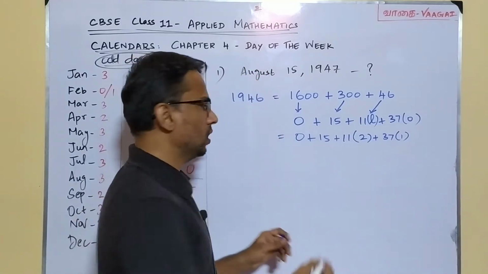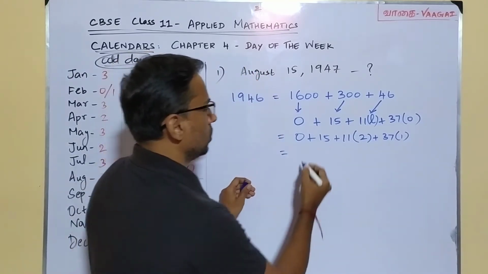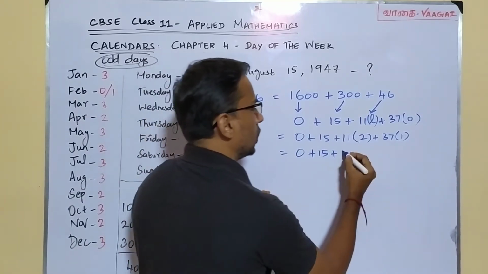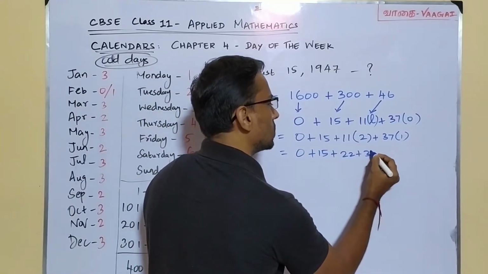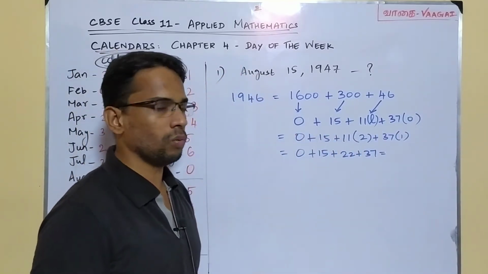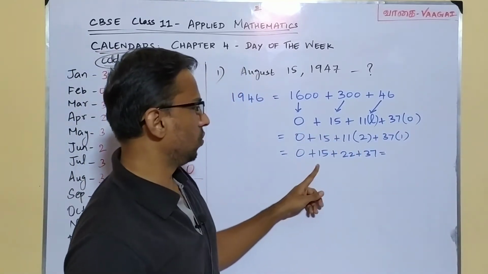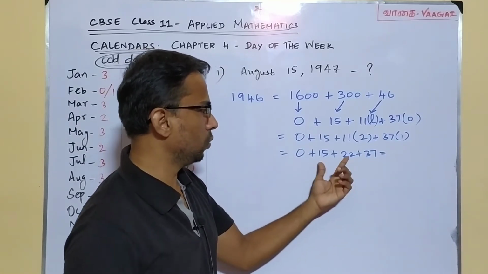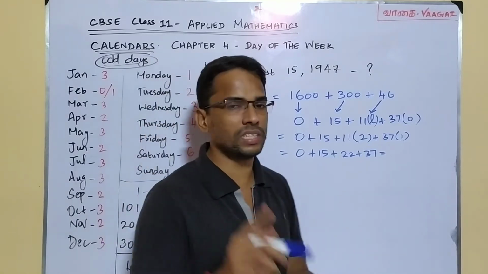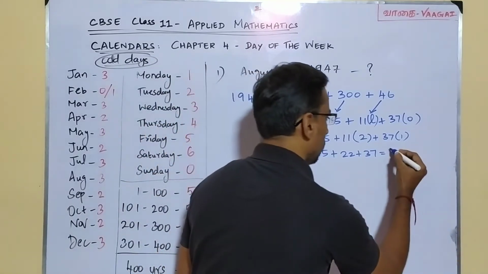This is equal to 0 plus 15 plus 22 plus 37. Shall we just add it and see what answer we get? 15 plus 22 is 37, and 37 plus 37 is 74. Correct? So 74.